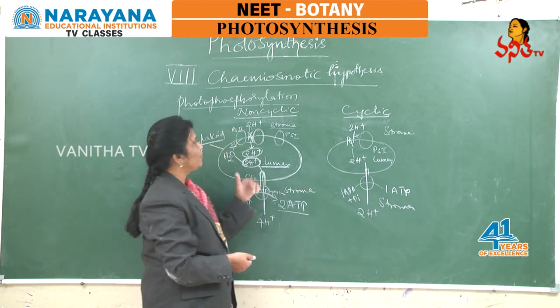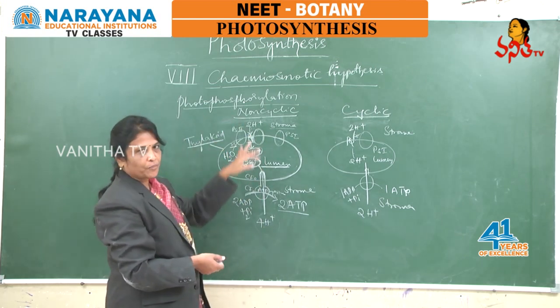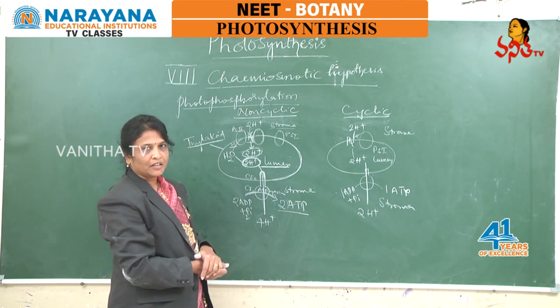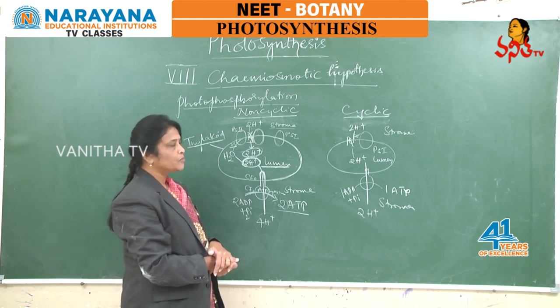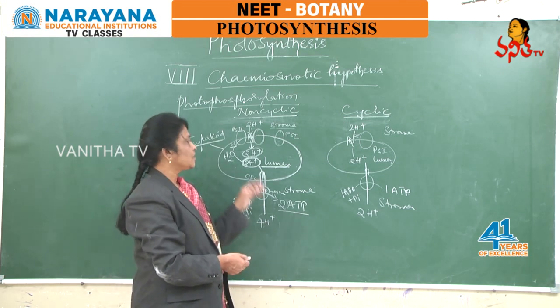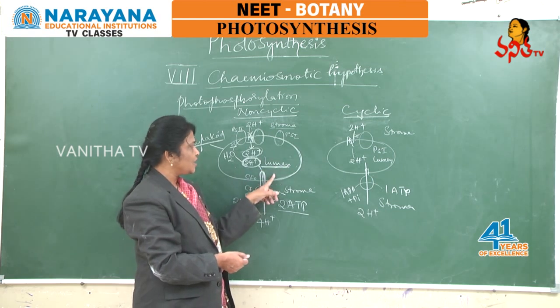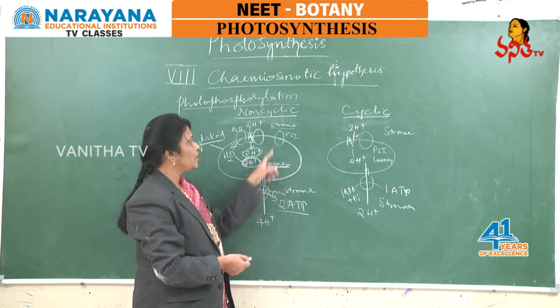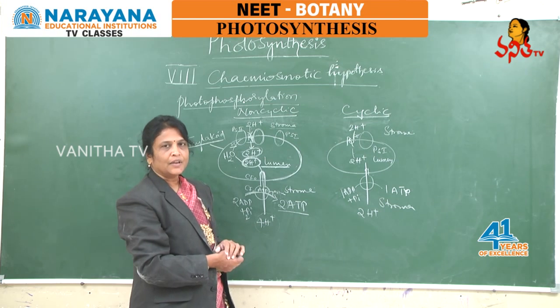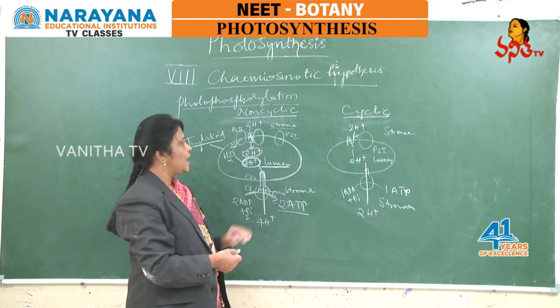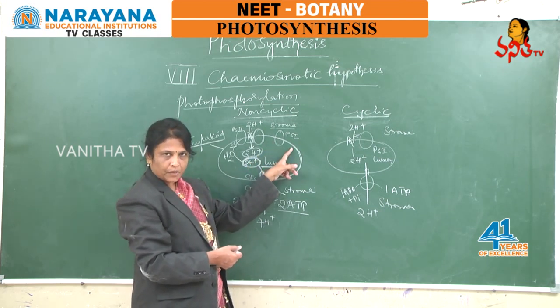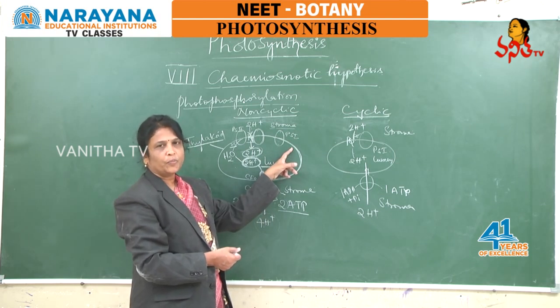So here we follow the photophosphorylation process as explained by Peter Mitchell based on the chemiosmotic hypothesis. The proton concentration gradient developed between lumen and stroma is the main driving force for ATP synthesis, together with the property of the thylakoid membrane that is impermeable to protons.